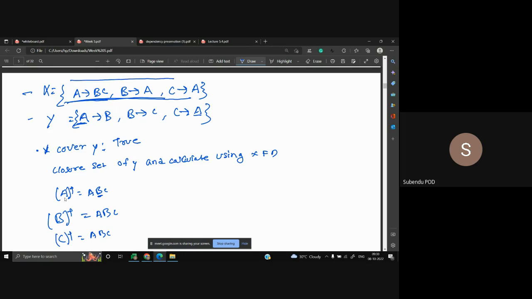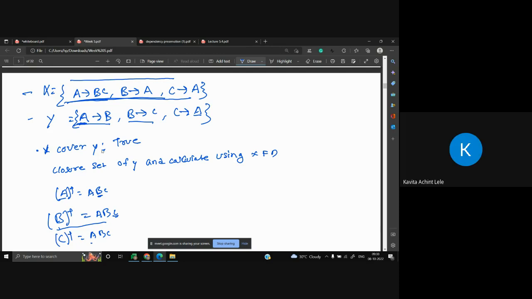If you find the A closure and B is coming, then you find the B closure with the help of this. B determines C is coming, right? And in the C closure, A will also come. So you can say that X covers Y is true.